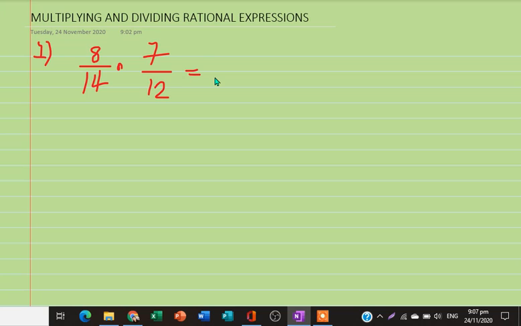So, we use the prime factorization of the numerators and denominators, so we're going to factor 8. So, we have 2 times 2 times 2 times 7 over 14 is 2 times 7, 12 is 2 times 2 times 3.